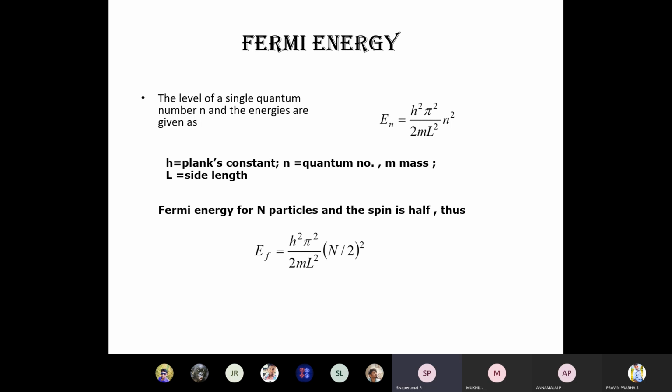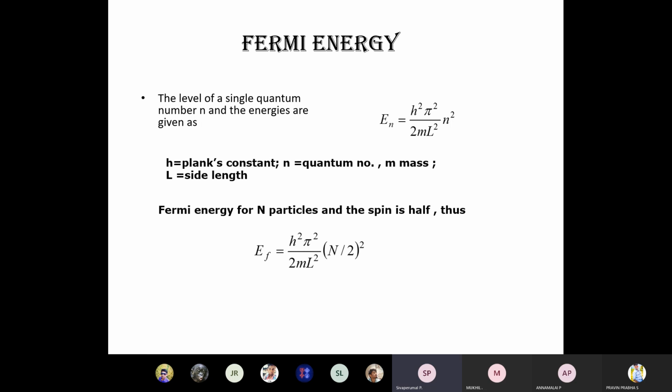These are simple equations you studied in physics. So it is based on the Planck constant, the pi squared divided by the mass of the electron with the length of the sides, as well as the quantum numbers available in the atoms. This is the equation representing the energy levels.